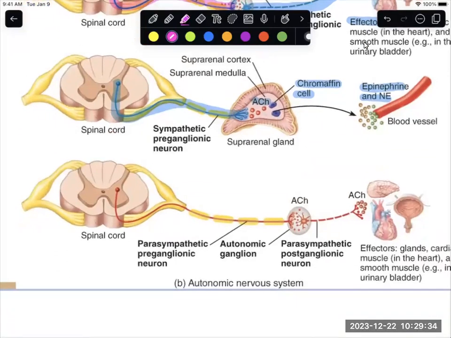Now we have parasympathetic preganglionic neuron. Again, it's going to release out that acetylcholine when it gets to that autonomic ganglion. Here, we're going to go to our effector cells and we're going to release out acetylcholine again.